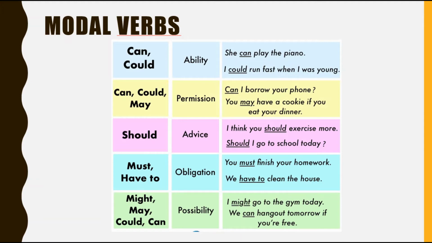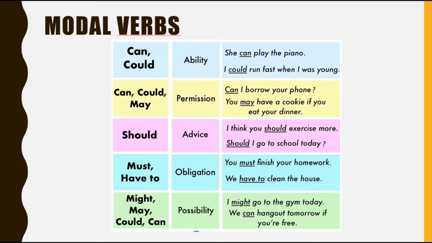Let's continue. So you can see that these verbs are used to express ability, possibility, obligations, and they also have some other functions. But maybe you haven't noticed yet, but they are frequently used in conditional clauses.